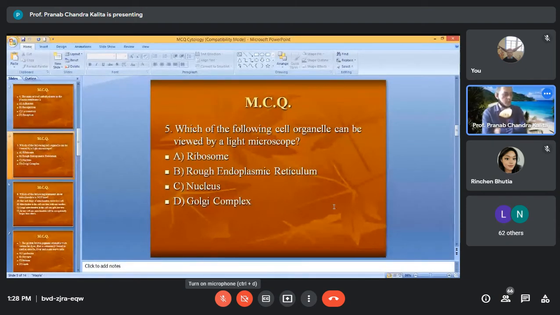Of course, with some powerful light microscopes, mitochondria are also visible to some extent. But if the options include both nucleus and mitochondria, you have to go for the nucleus. Otherwise, if the nucleus is not there and mitochondria is, then go for mitochondria. The nucleus is the largest cellular organelle, always visible with the light microscope.